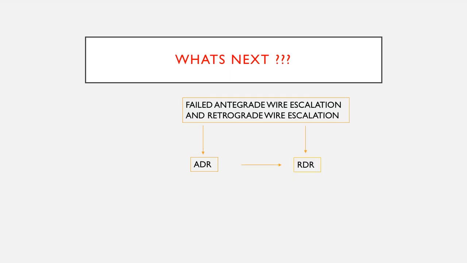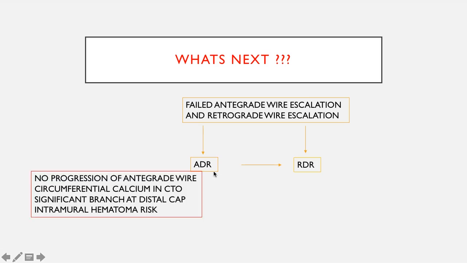And what next? I have two options, either antegrade dissection re-entry or retrograde dissection and re-entry. If I look at antegrade dissection re-entry, there is no progression of antegrade wire.